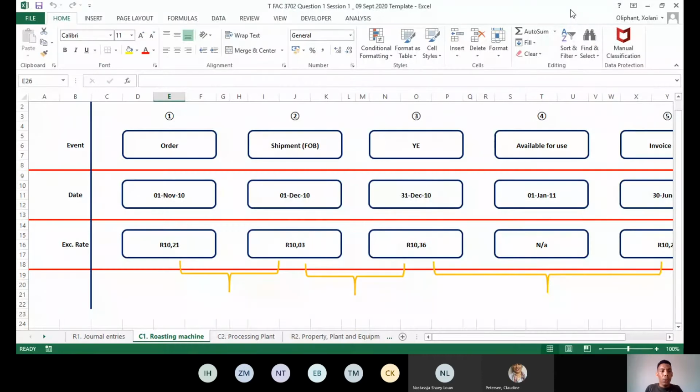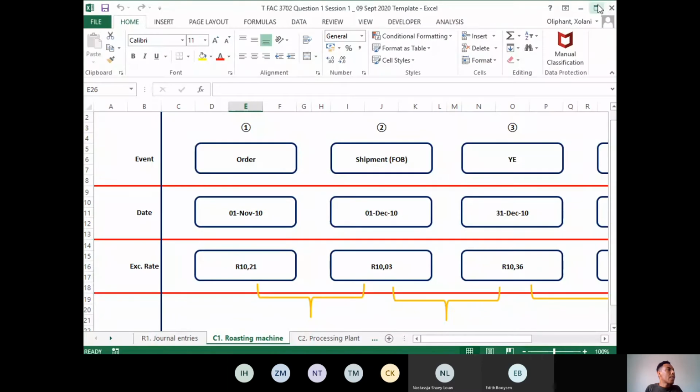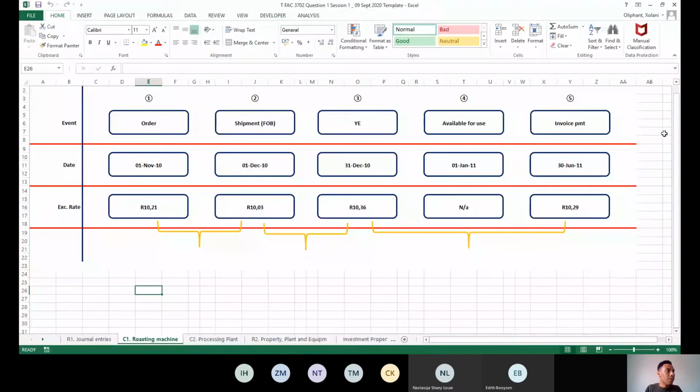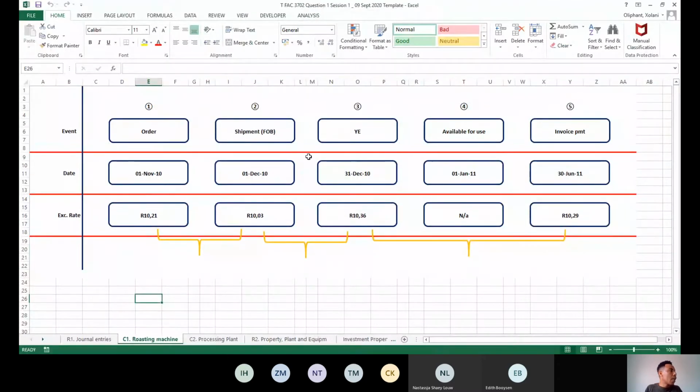In front of you, you should be able to see an Excel sheet. In this Excel sheet I've tried to do everything that's given there, just to analyze what is happening in that part of the scenario.